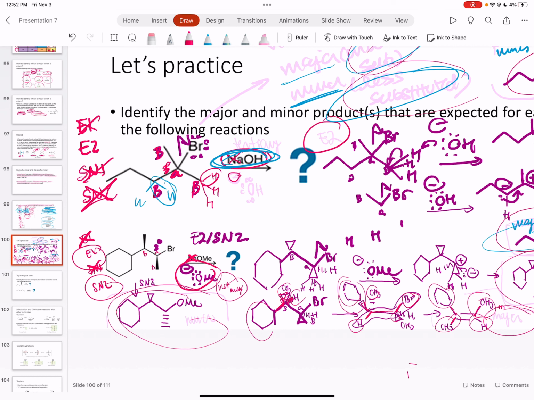So that's why I was able to right away just get my SN2 product, because for SN2, we just do a nucleophilic attack right away, and then this one leaves right away. And we just have a reversal of configuration.